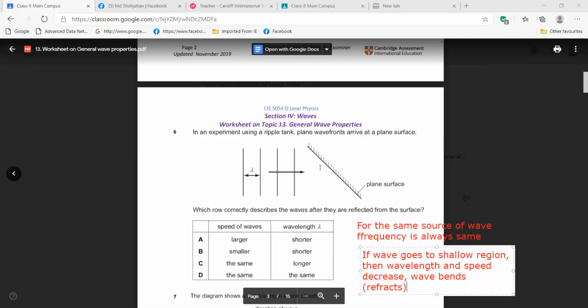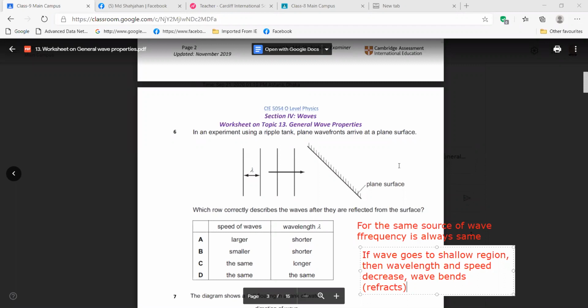Sir, what do you mean by the shallow region, sir? Shallow region, deep region. Less deep. Yeah, deep region we discussed when we discussed refraction. Can you remember that water wave is going from deeper region to shallow region?